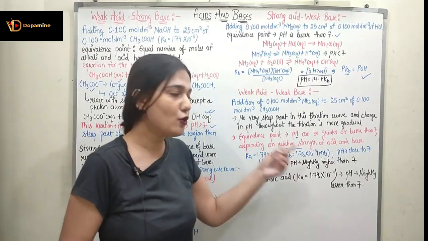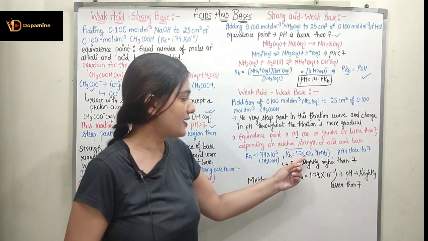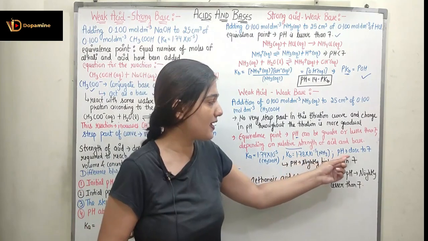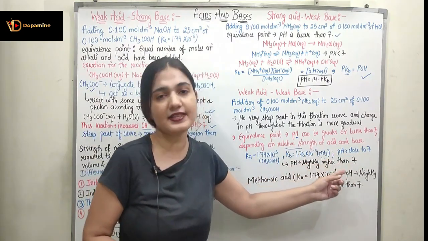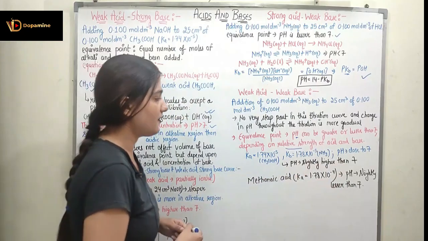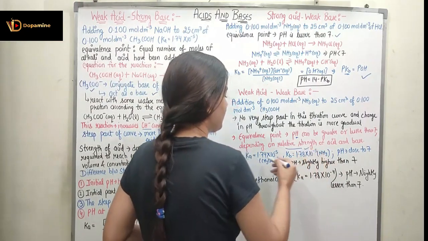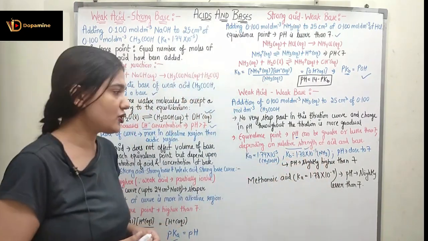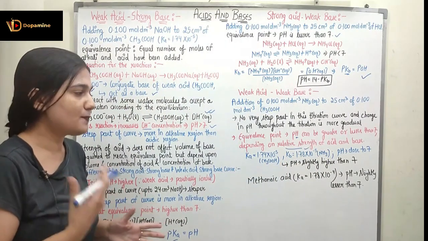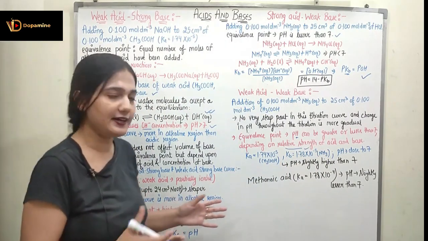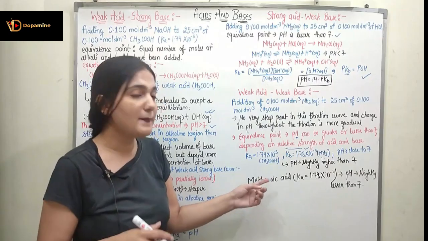For ammonia, Kb would be 1.78 times 10 raised to power minus 5. So pH would be close to 7 and slightly higher than 7. You can observe that Kb is slightly greater than Ka, due to which the pH is slightly towards the base. Now coming to methanoic acid.